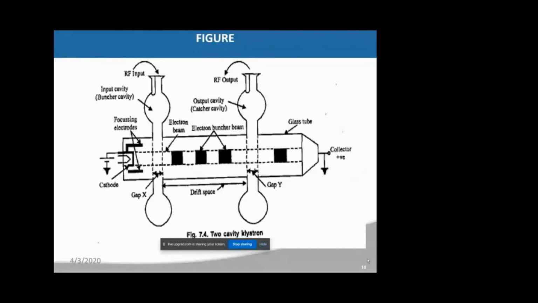And when the electron leaves the gap x, the speed of the electron depends upon the amplitude of the RF signal.